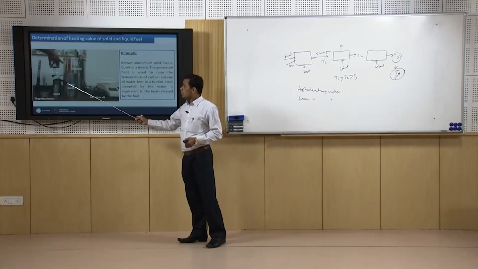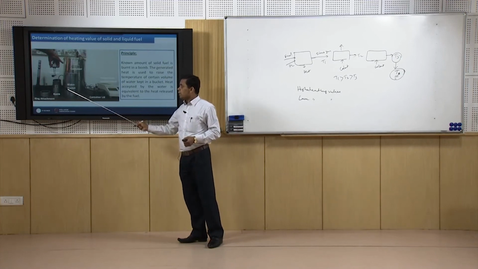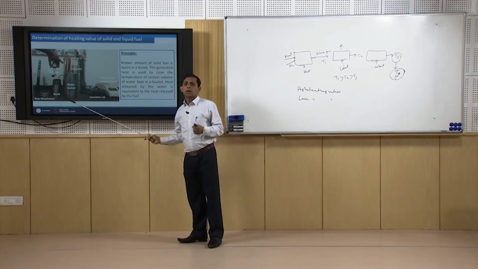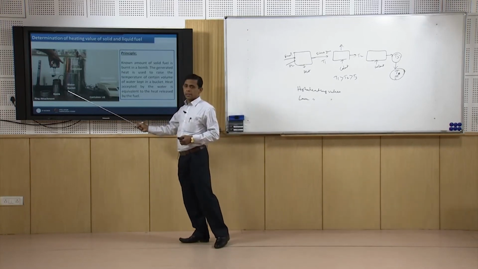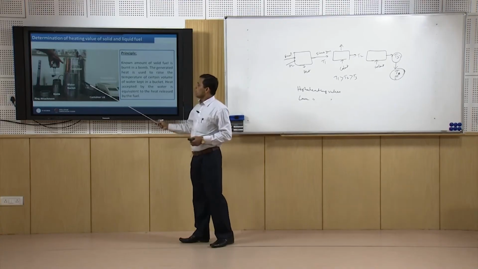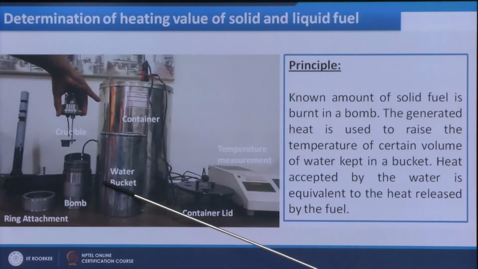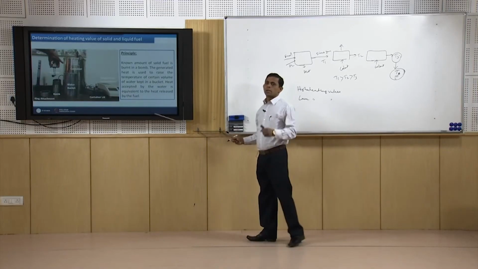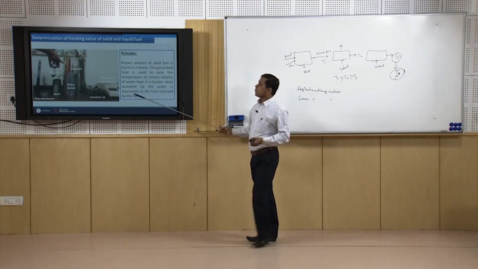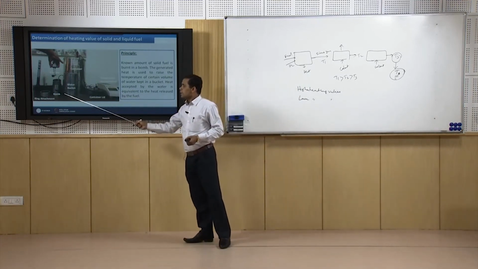So, amount of materials will be selected in that way, and normally it is around 1 gram, not much more amount of solid or liquid waste is added here. Then on equilibrium temperature will rise, and the difference in temperature, initial and final, will be the temperature rise. So, m Cp dT will be the total amount of heat released by the solid present in it.